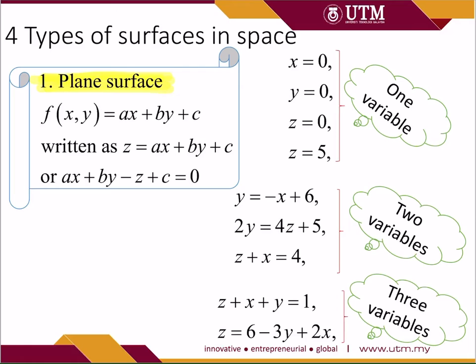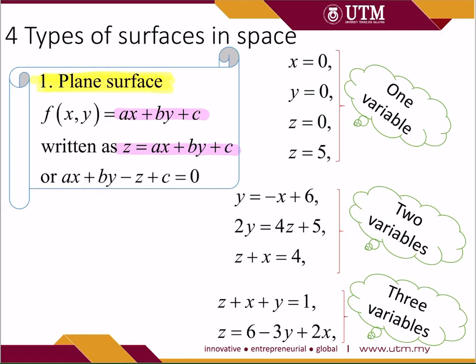Okay, what does the plane surface look like? Basically, we know that it is a linear type. We have ax plus by plus c. We can rewrite it as z equal to ax plus by plus c, because we know that f(x, y) is equal to z.